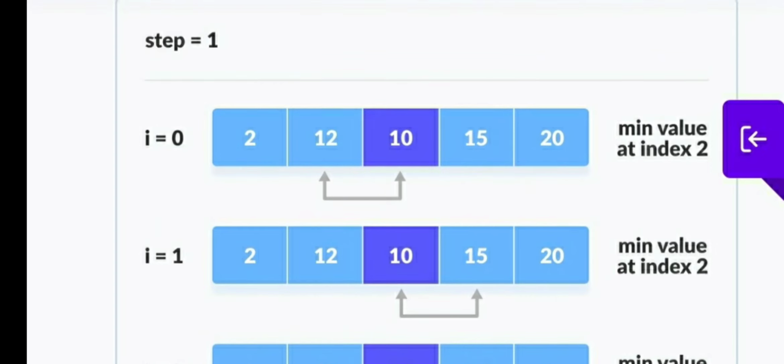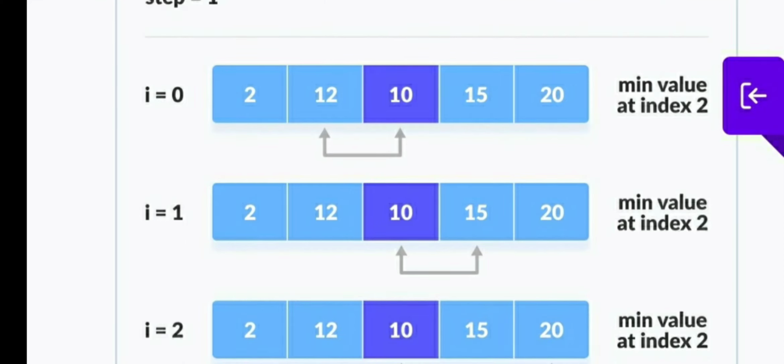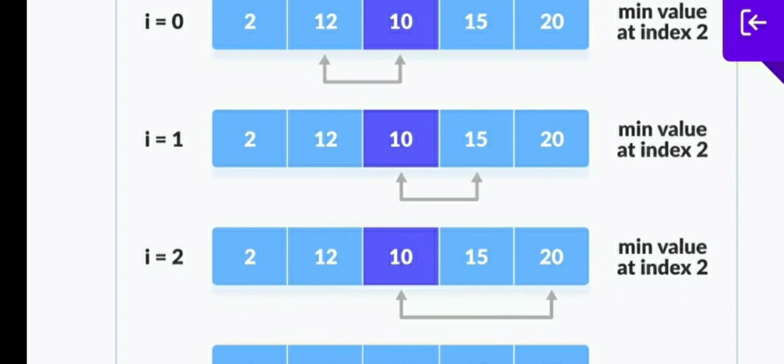See here, 2 is compared with 12, which is compared with 10. So 2 is placed at its appropriate position. There is no need to compare with 2. 12 is compared with 10. So 10 is minimum. And in the second step, 10 is compared with 15. Which one is minimum? 10. So no need to change. And 10 is compared with 20.